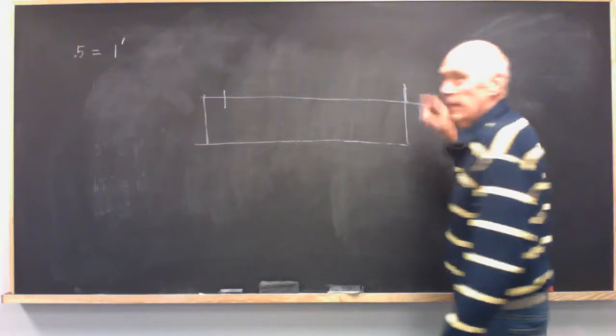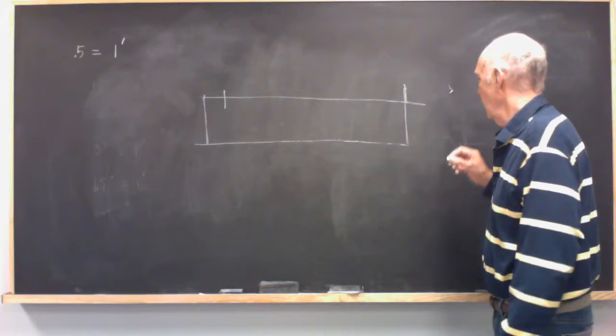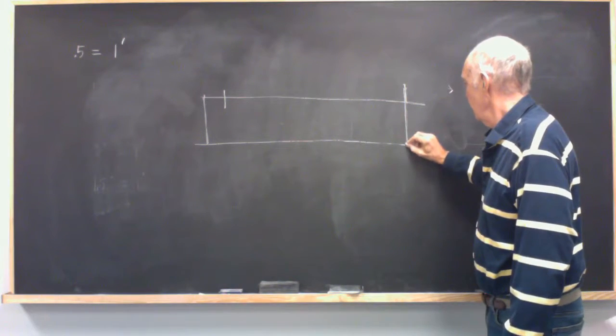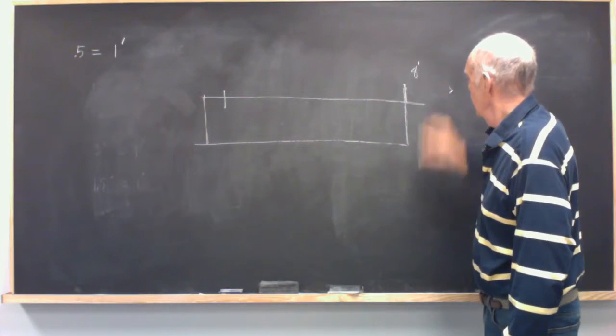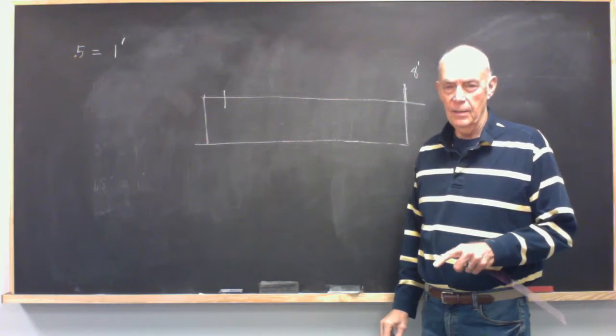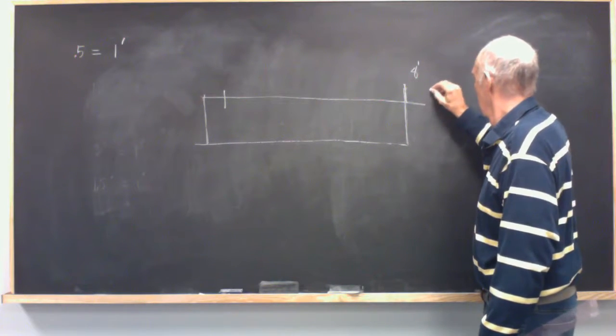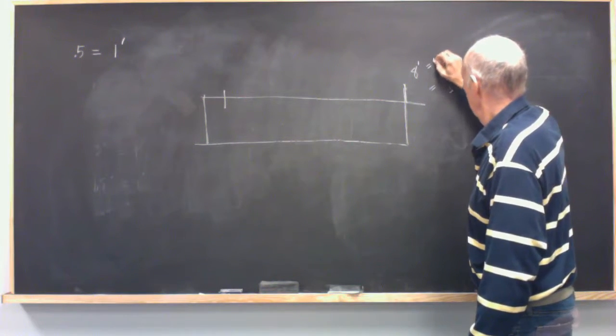Now, let's say, well, these are 10-foot walls. I'm going to work with an 8-foot wall. This is an 8-foot wall, 8 feet. How many inches to scale would that be? Well, it would be 4 inches. So 8 feet equals 4 inches.